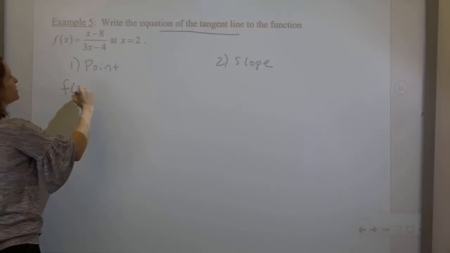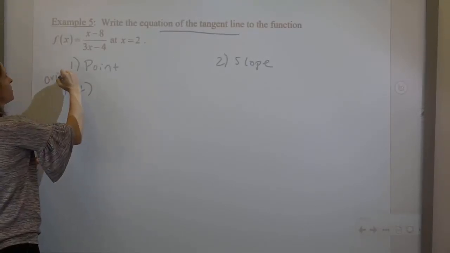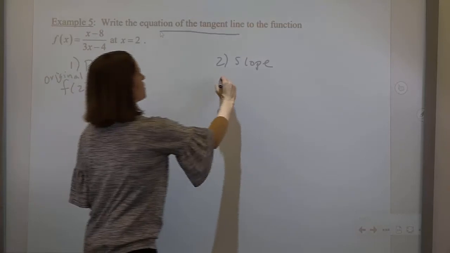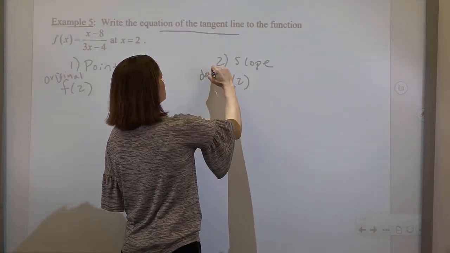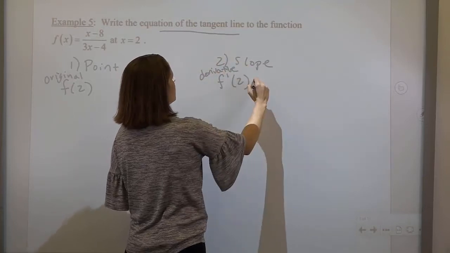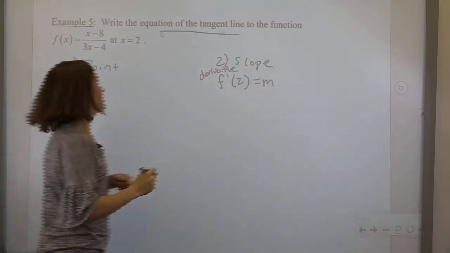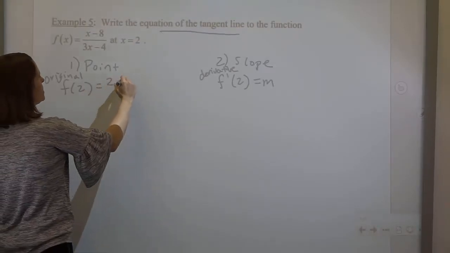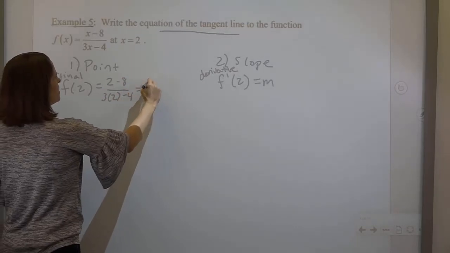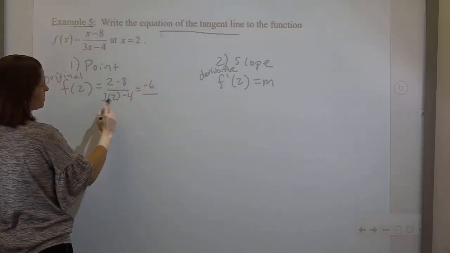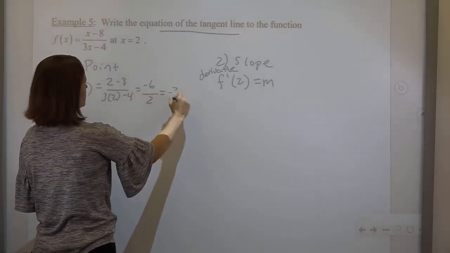We do f of 2, the original. And for the slope, we are going to end up doing f prime of 2, the derivative. But we'll have to do a little work to get there. So for the point, f of 2, we get 2 minus 8 over 3 times 2 minus 4. That's negative 6 over 2, or negative 3.